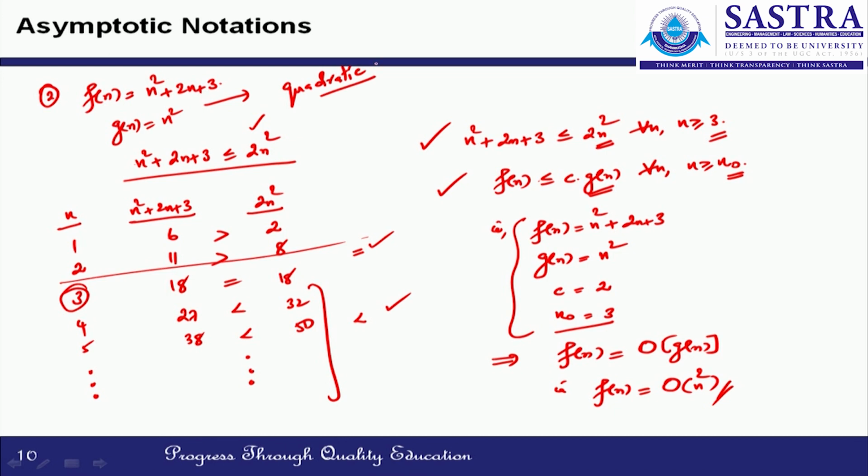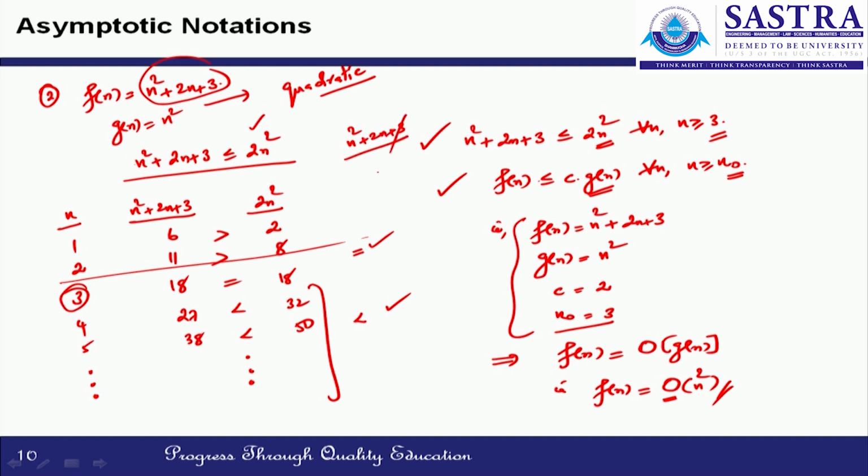How to find it? In short, given the total number of execution steps, let f of n represent the total number of execution steps of the algorithm. We need to find the big O or computational complexity. For that, we need to ignore the lower order terms in n square plus 2n plus 3.